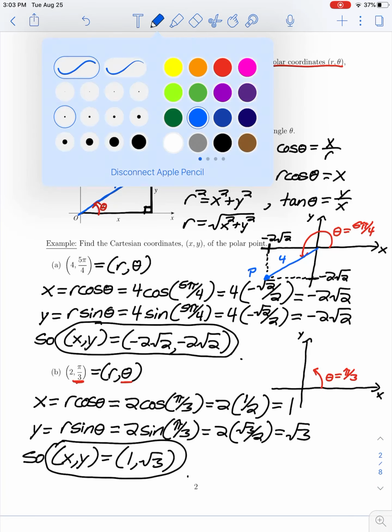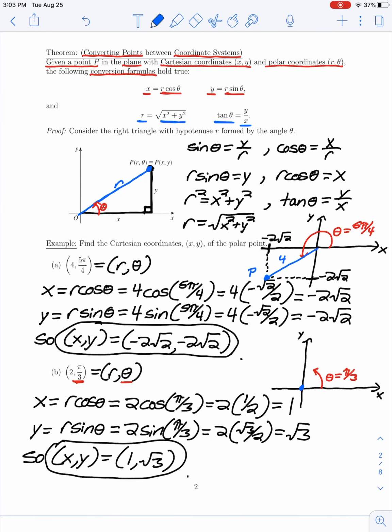And then along the line formed by that angle from the origin, I would move outward a distance of 2 units. So the corresponding xy coordinates would be 1 and the square root of 3. Okay, so it does seem reasonable. We think we've got our solution correct here.